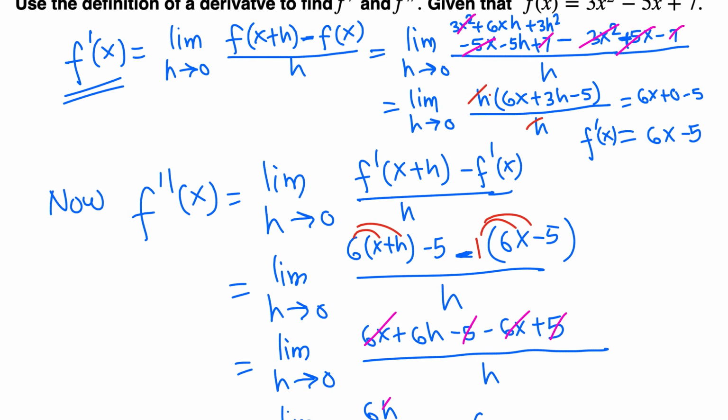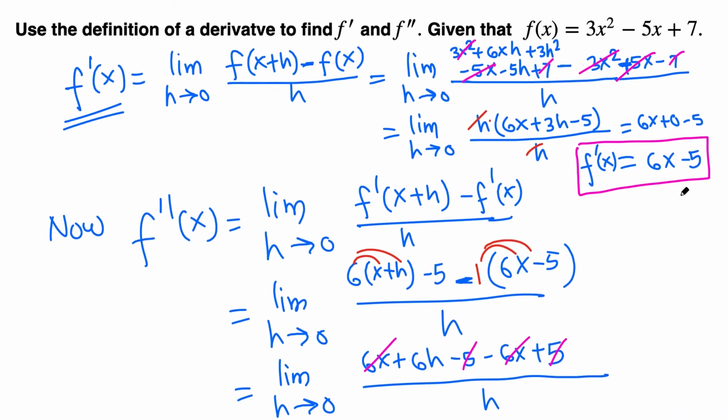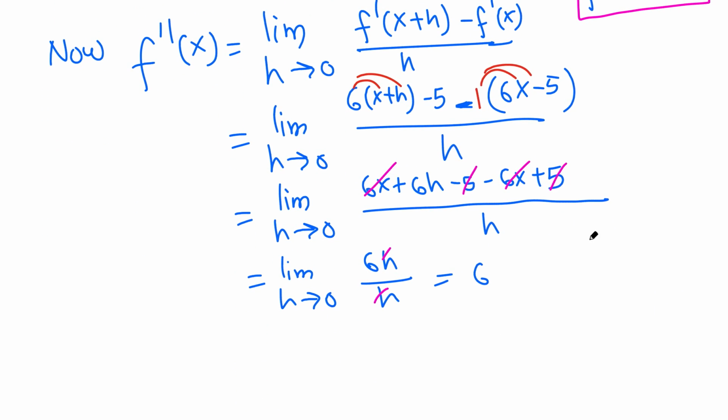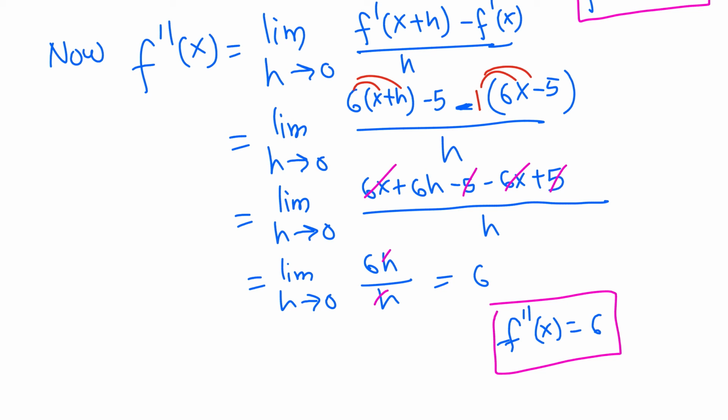For this function 3x squared minus 5x plus 7, we got the first derivative, 6x minus 5, and we got 6 as the second derivative. So let me write here, second derivative is 6. That's final.